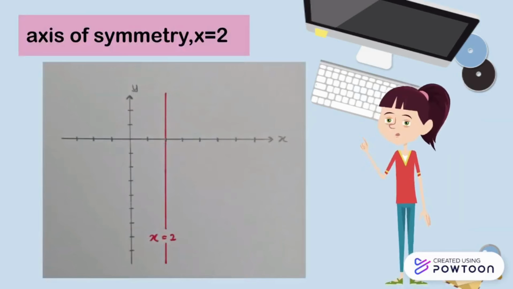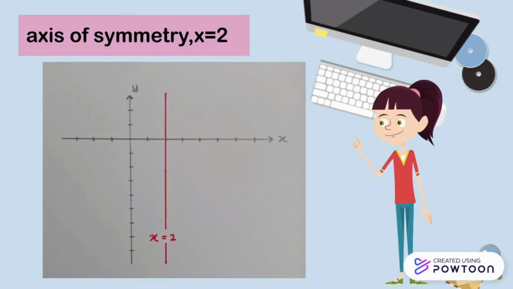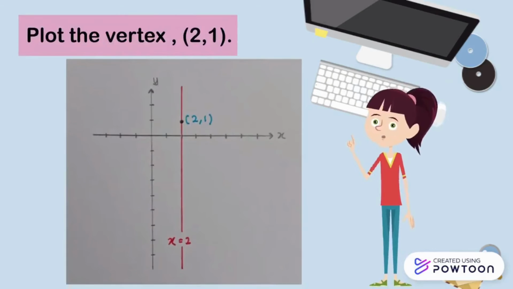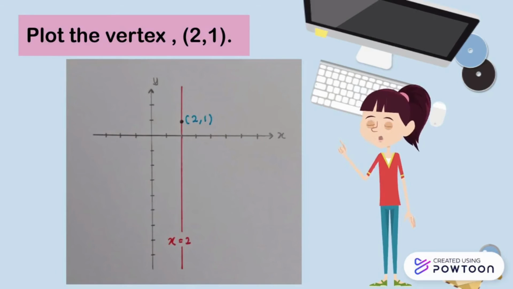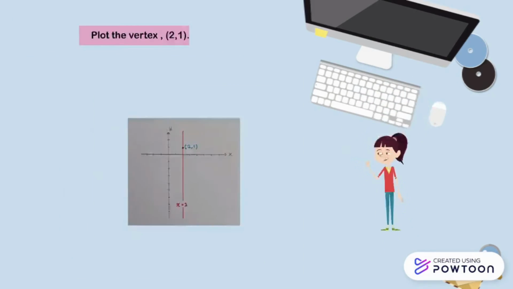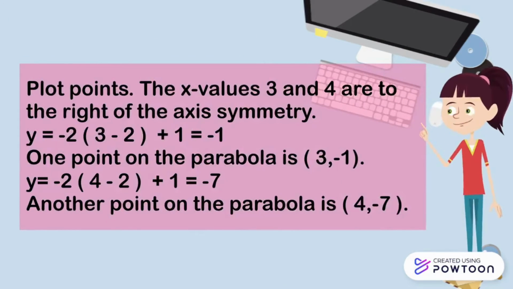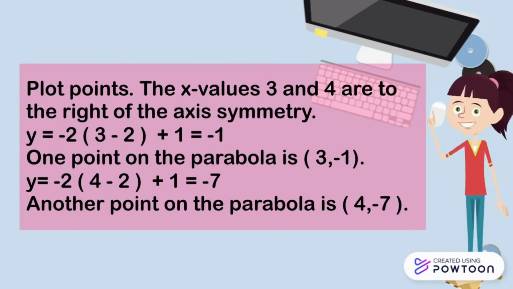First, draw the axis of symmetry, x = 2. Second, plot the vertex at the point (2, 1). Third, plot the points. The x values 3 and 4 are to the right of the axis of symmetry.